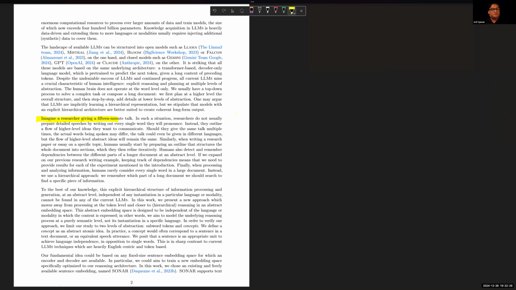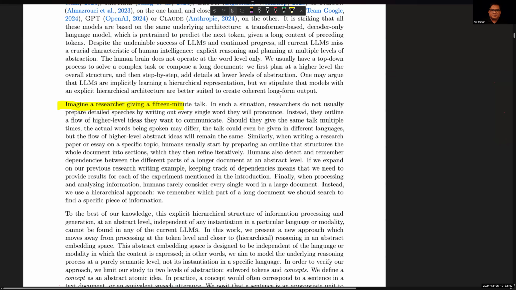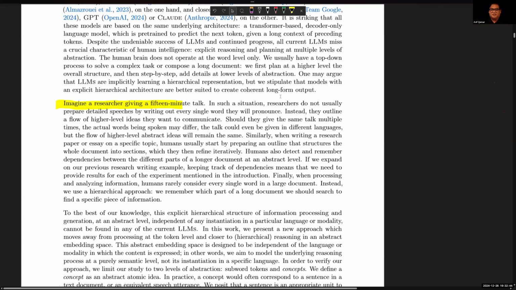Instead, they outline a flow of high-level ideas they want to communicate. Should they give the same talk multiple times, the actual words being spoken may differ. The talk could even be given in different languages, but the flow of higher level abstract ideas will remain the same.